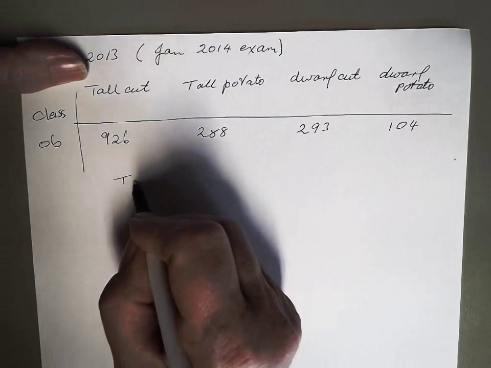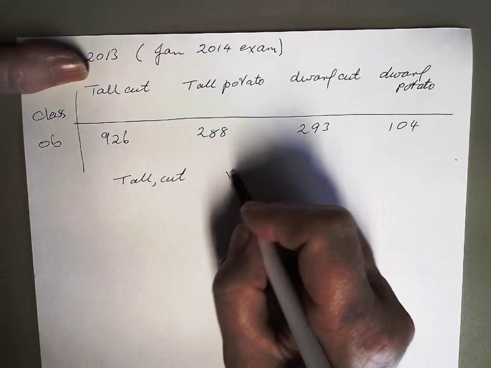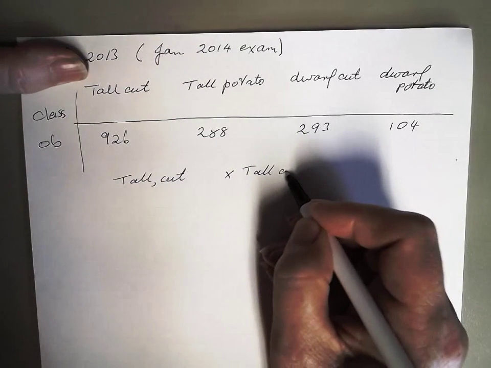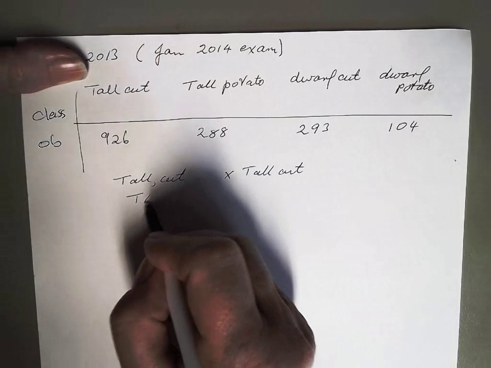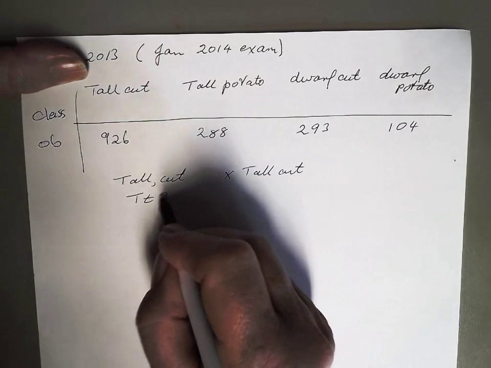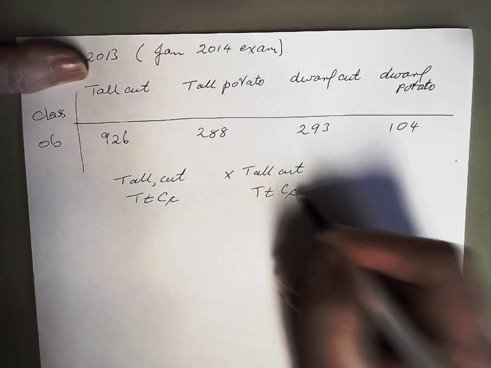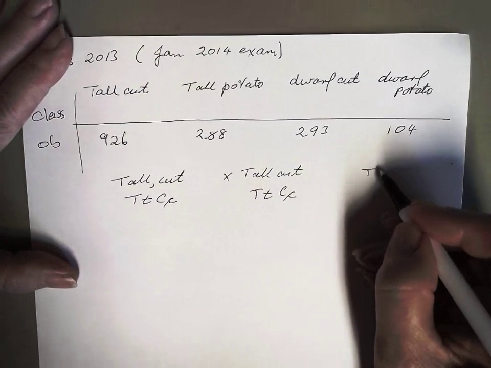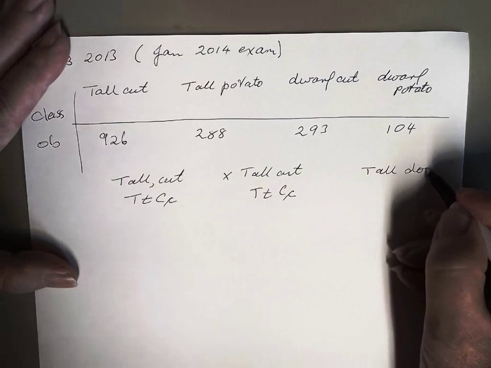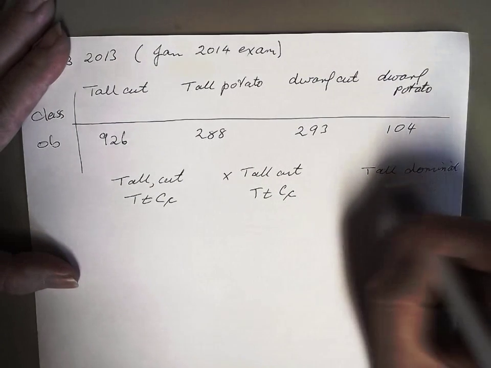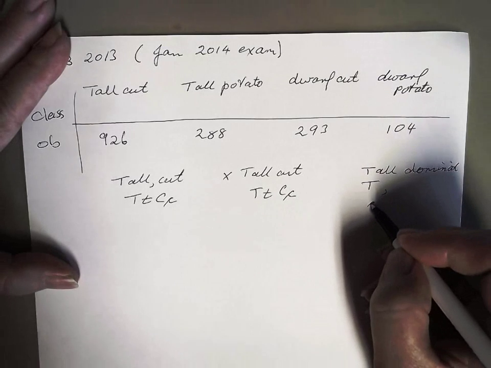Now these plants were grown from crosses of plants that were tall cut, but genetically we knew that they were what we call heterozygous. You don't need to know the genetics of them, but we are told that tall is dominant, and we're going to use a big T for that, to cut, dwarf.